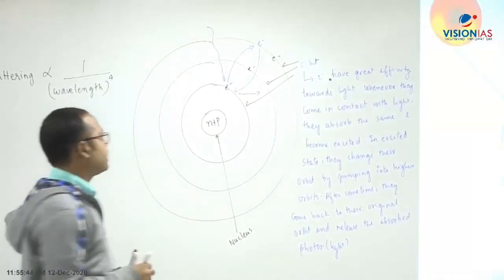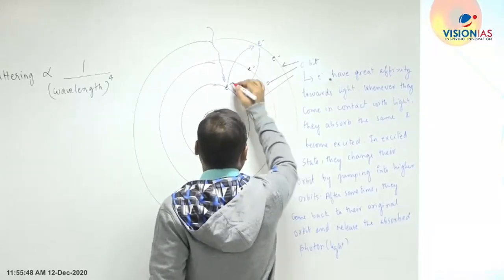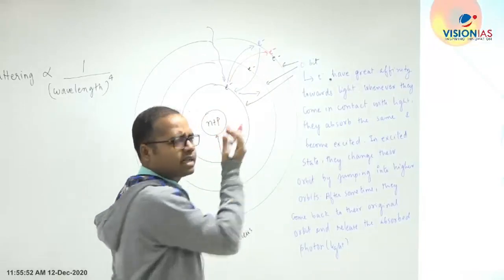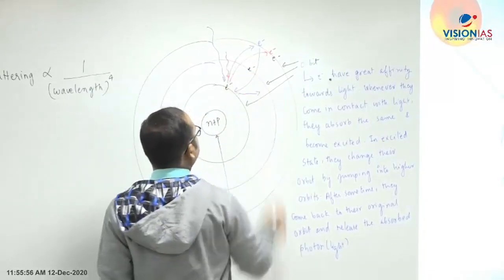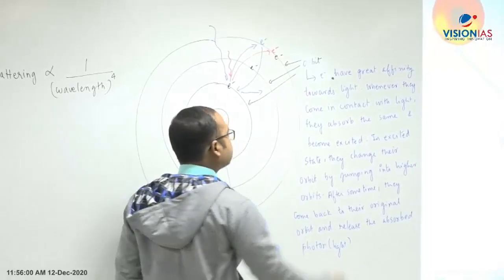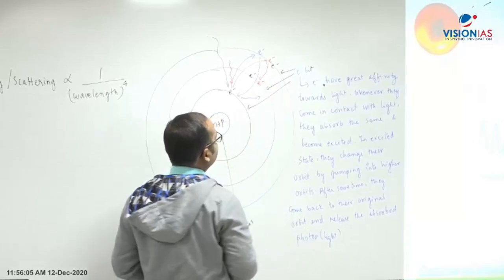There can be a second scenario also. It again jumped to the next orbit. Second scenario, after absorbing some light, when he said, please go back, my privacy is getting compromised, he can go to another orbit also. Okay.